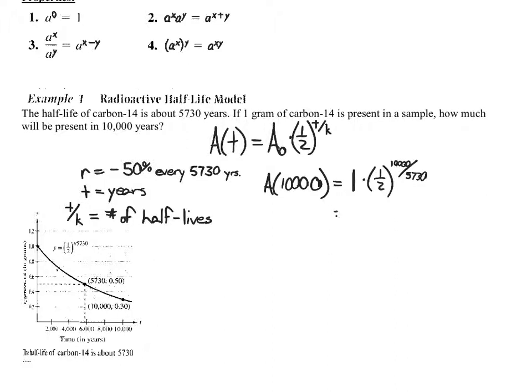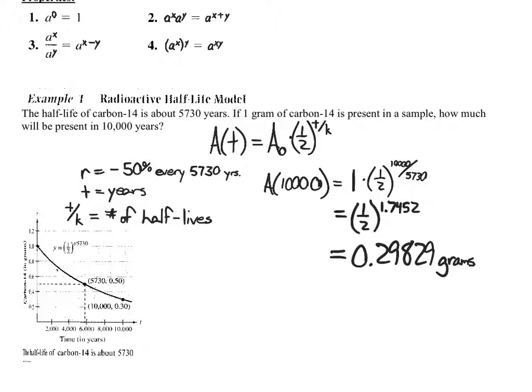So that is 1/2 to the 1.7452 power. Okay? So now all we have to do is raise a half to that power, 0.5 to the 1.7452 power, and we get 0.29829, and this is in grams.